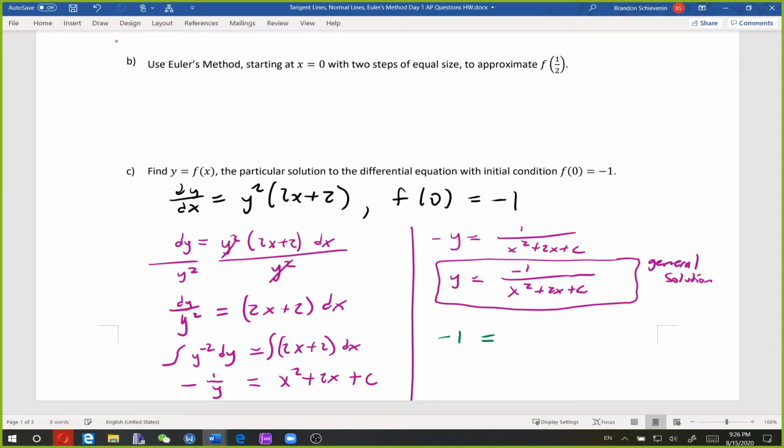Okay, replace y with negative 1, replace x with 0, so that gives me negative 1 equals negative 1 over 0 plus c is c. Okay, and then we can solve for c. So, Kyle, I'm going to have you keep going. What is c?